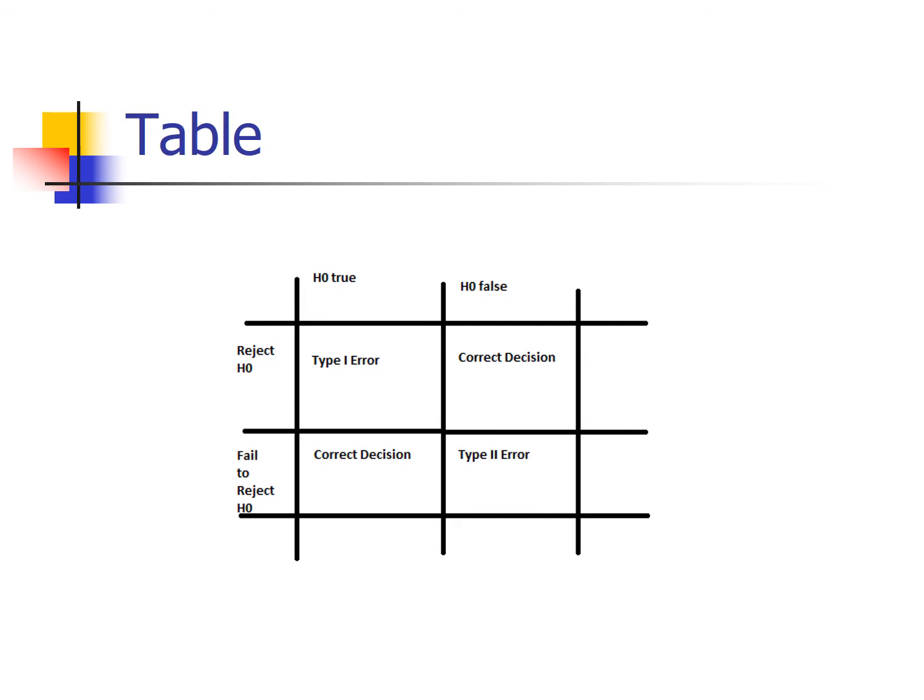Now, the decisions that we make as researchers are going to be one of two decisions. The language is somewhat awkward. I'm personally not a big stickler about the language. To me, it's just statistical semantics. But there is a rationale for saying it so awkwardly. I don't think it's worth spending our lecture time going into it.